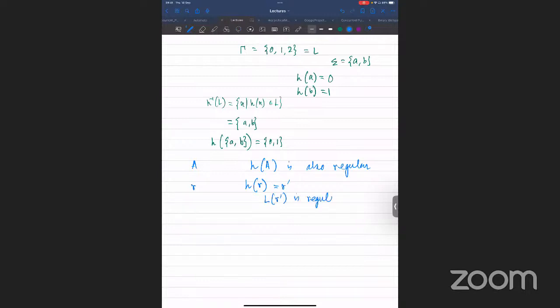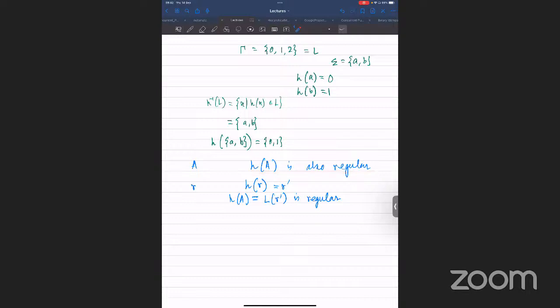So this was the general proof idea that we were looking at in the last lecture. Essentially what we wanted to show is that H of A is the same as L of R prime. If that is the case, then you in fact show that H of A is regular. That was the idea, correct?